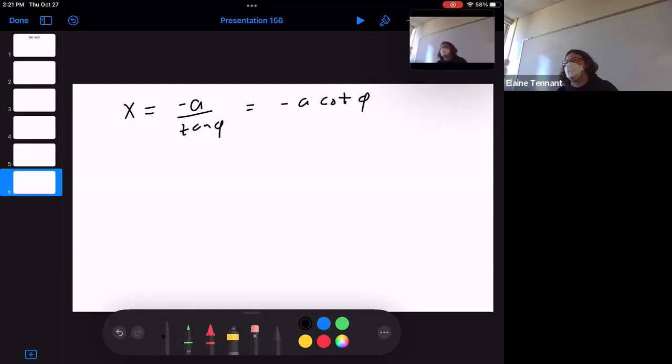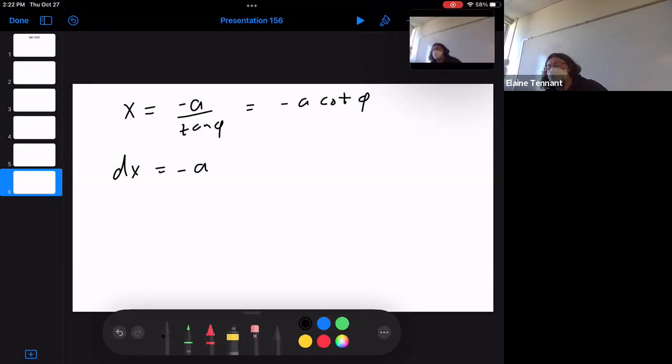Let's take a derivative of both sides. On one side, we have dx. Check. On another side, we're taking the derivative with respect to the angle because that's our variable. This is kind of like a u substitution. So we can take the negative a and put it in front. It's a constant, so it's not going to change.